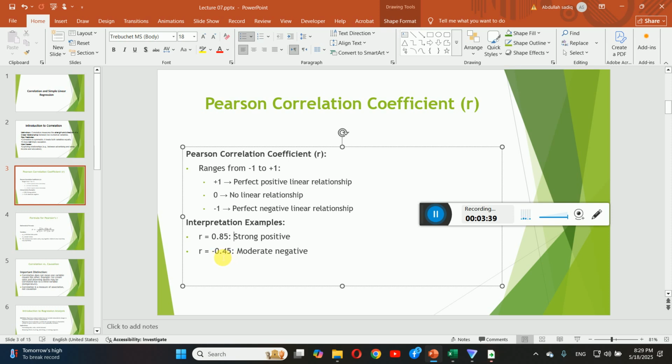And if it is like minus 0.99, that is very close to negative 1, so you have a very strong negative relationship. In this example, this is strong positive and this is moderate negative. Why? Because it's negative but not really very close to 1.